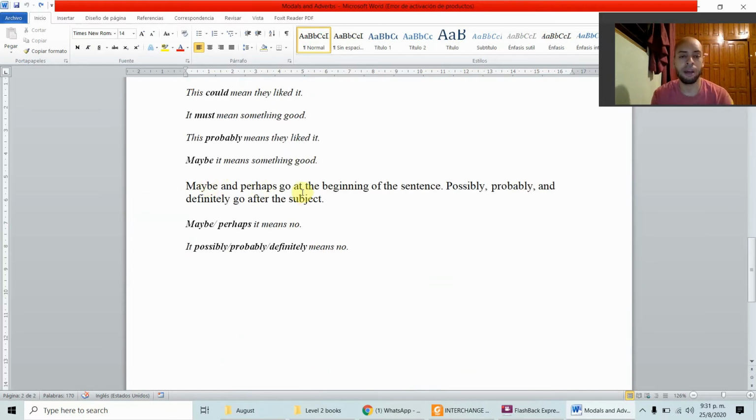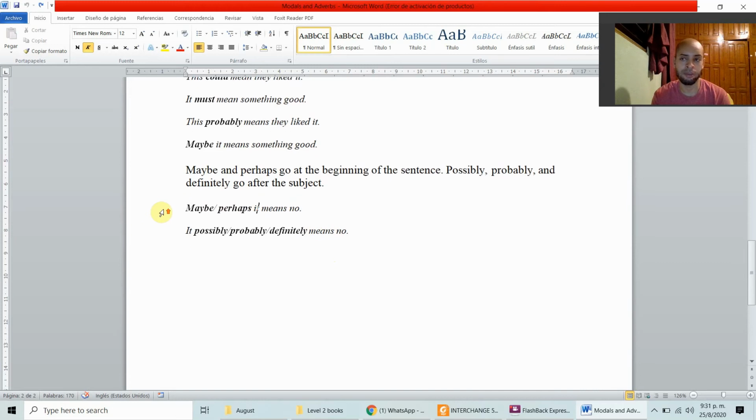Maybe and perhaps go at the beginning of the sentence, like we explained before. Possibly, probably, and definitely go after the subject. So you can see maybe or perhaps, it means no. It possibly, probably, or definitely means no. This is how we use the adverbs.